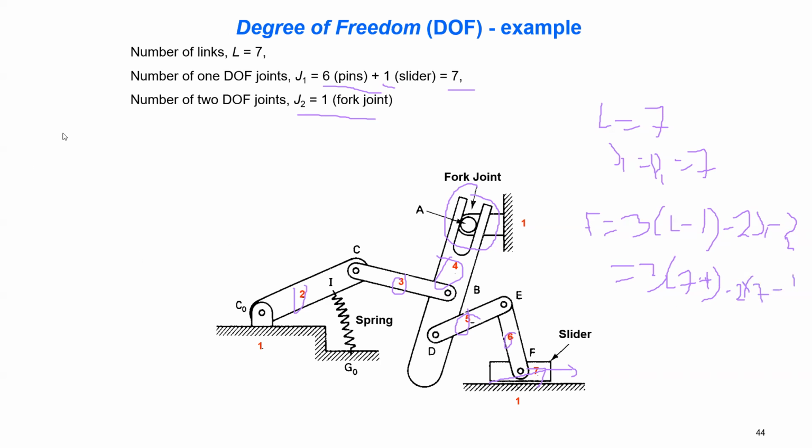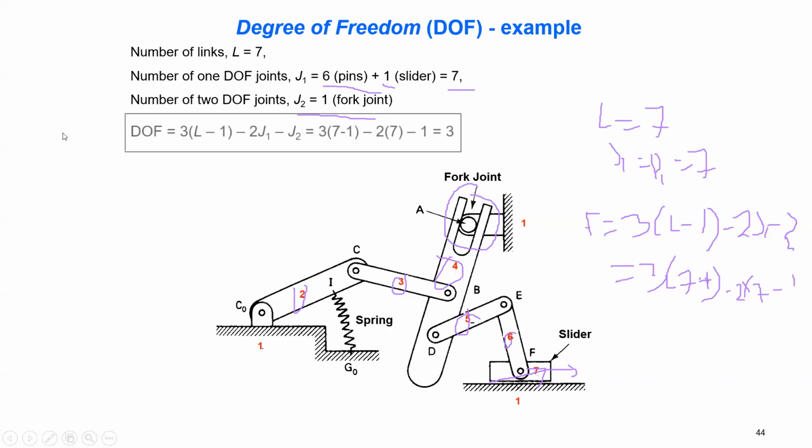So that is what it's trying to show us, which is supposed to give us 3. So the whole system has 3 degrees of freedom. So 3 input sources are needed to control the mechanism.